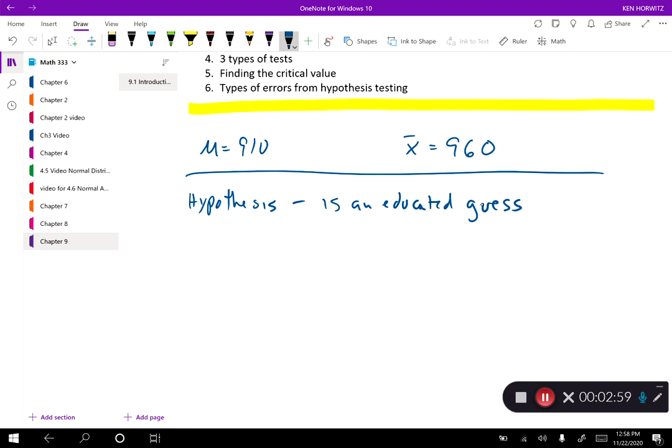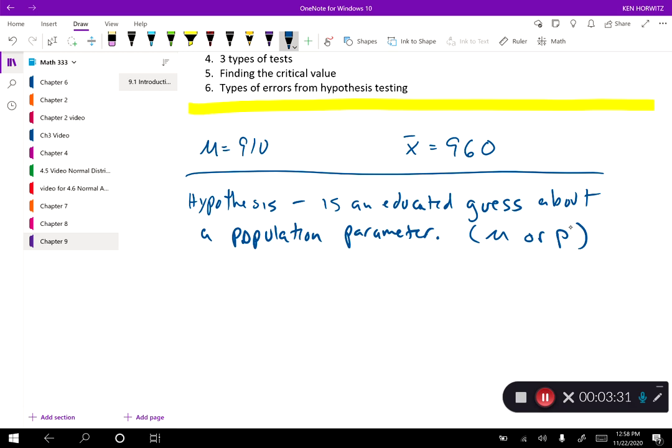So it's an educated guess about a population parameter. Now the population parameters that we'll focus on in the next couple of sections are going to be mu or p. And if we remember from our confidence intervals, P would be the population proportion.